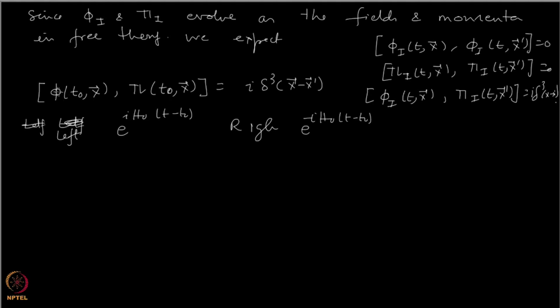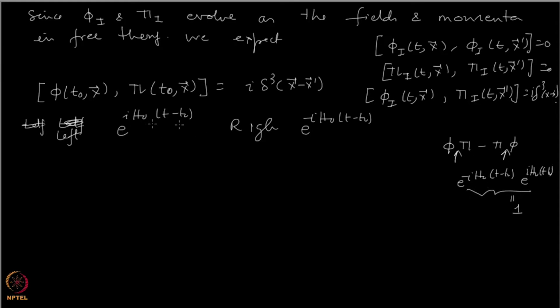So here you have phi times pi minus pi times phi. Let me write phi pi minus pi phi, and in the middle I will insert e to the minus i H naught t minus t naught, e to the i H naught t minus t naught, which is 1, right? These two factors cancel and give you 1. So I will insert 1 in between.